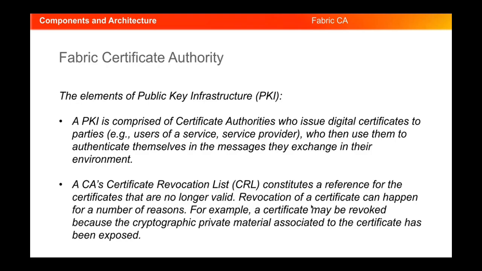Revocation of certificates can happen for a number of reasons. For example, a certificate may be revoked because the cryptographic private material associated with the certificate has been exposed, or for many other reasons, such as the certificate having expired. In that case also, a certification authority can revoke the certificate.